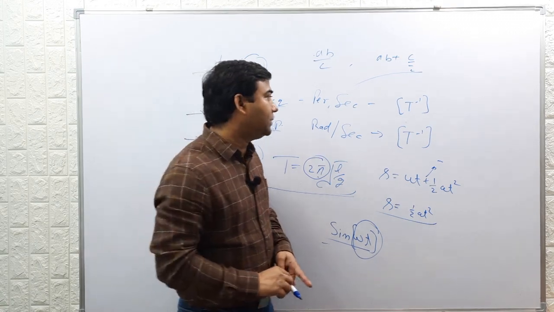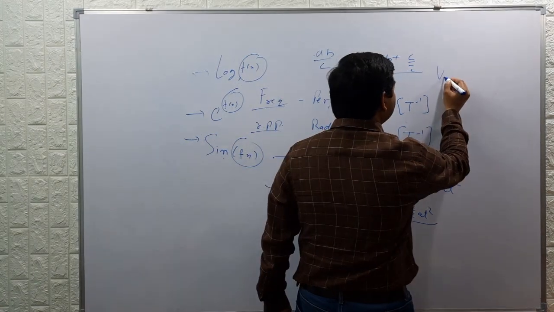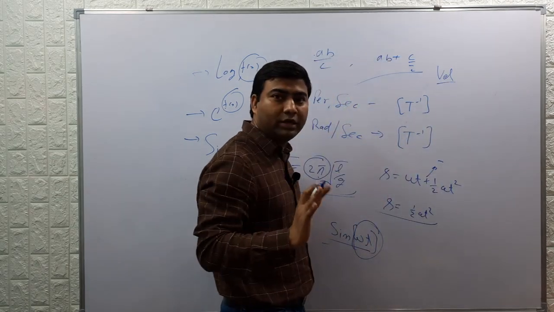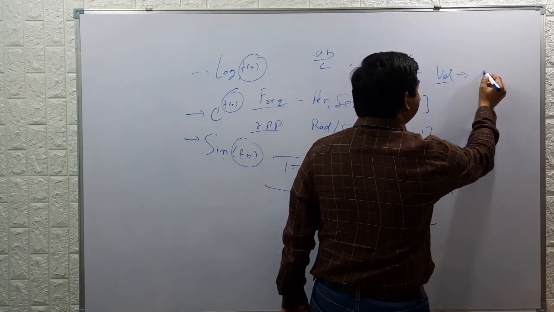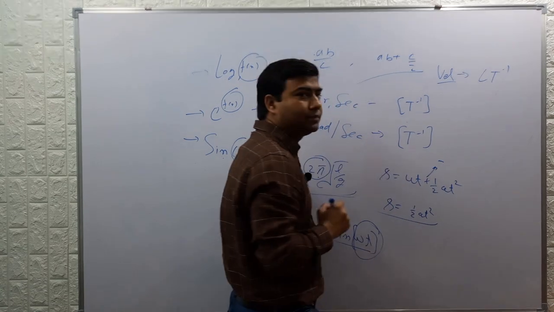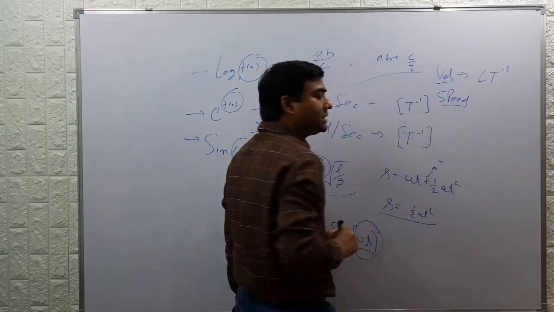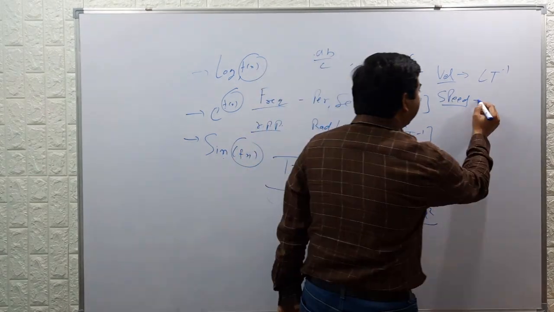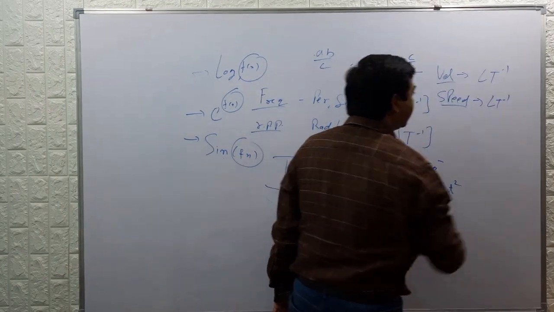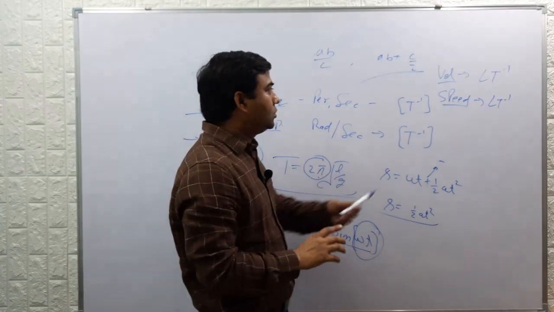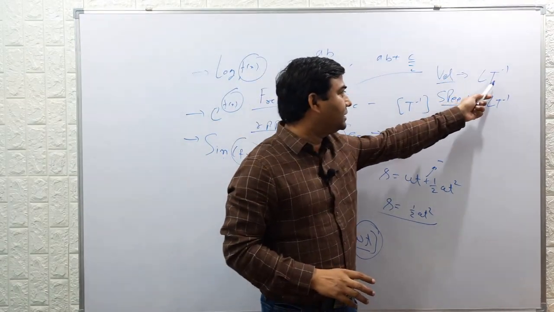For example, velocity we know is a vector quantity, and its dimension is LT minus 1.